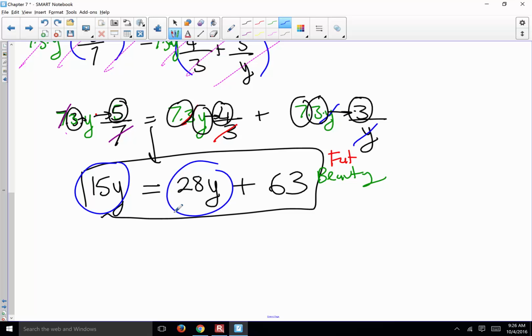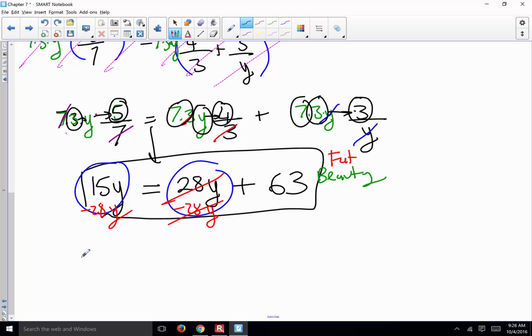We need to take one of them and remove it. Which one? 28y. You can get rid of 15y if you want and bring it to the right, but if you like y's on the left, why not? Subtract 28y from both sides, so 28y disappears from this side. You are bringing it to the left. Look, it's on the left side now.